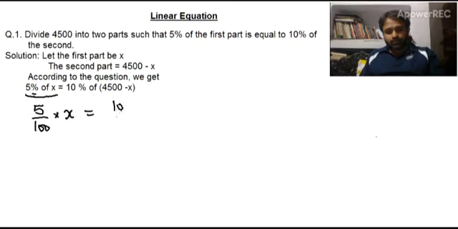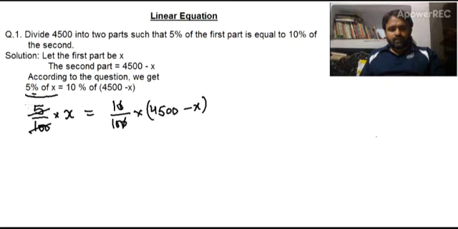That means you have to go for 10 by 100 into 4500 minus x, right? This is in the bracket. I'm not going to open the bracket right now. 0 and 0 will get cancelled over here, and this side 5 and 100 will get cancelled. So what will you get in the denominator here? 1 in the numerator and 20 in the denominator.